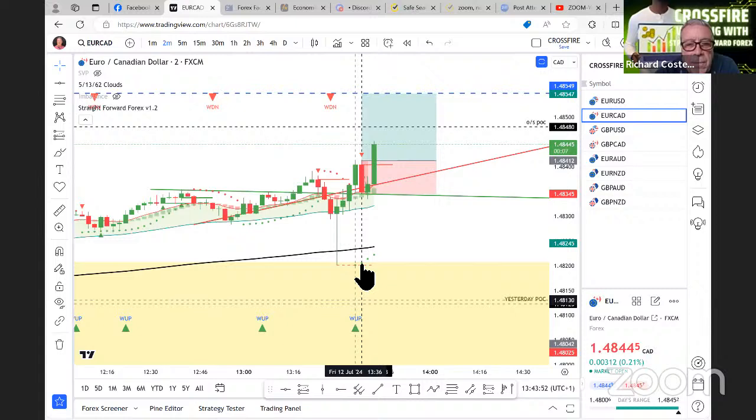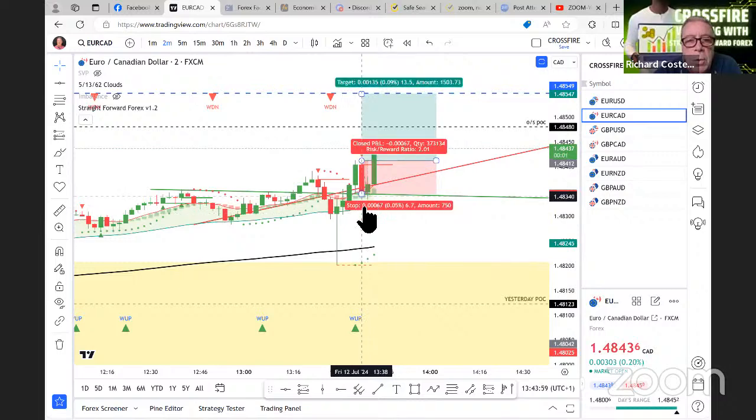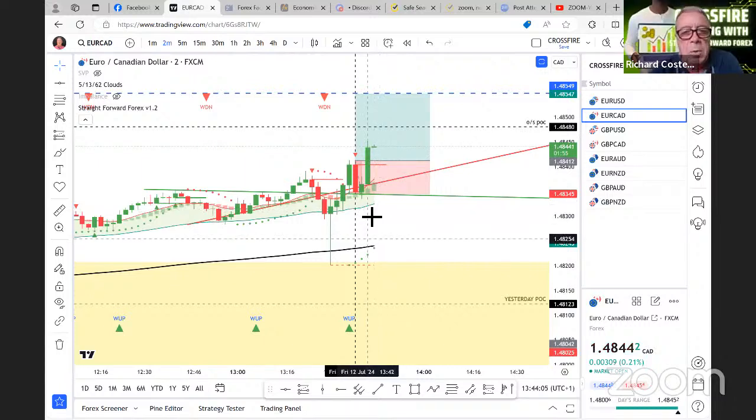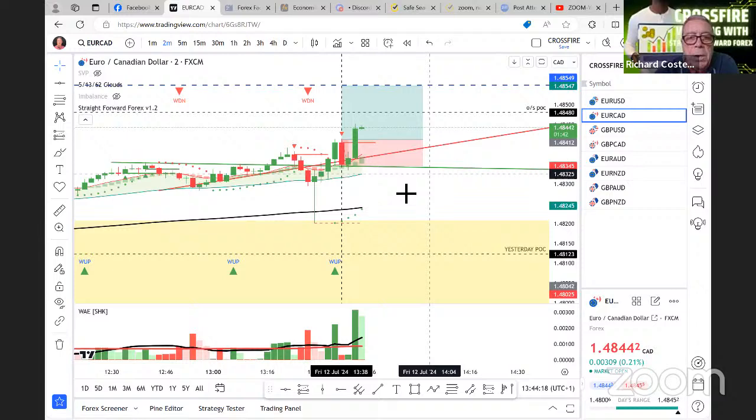We did have green PSARs. We had the 200, the 62, and the 13 all in the correct sequence. The lower moving averages were already above the 200. So that was one of the situations where everything was telling me I should be getting in for a buy, and then it just pushed price down.